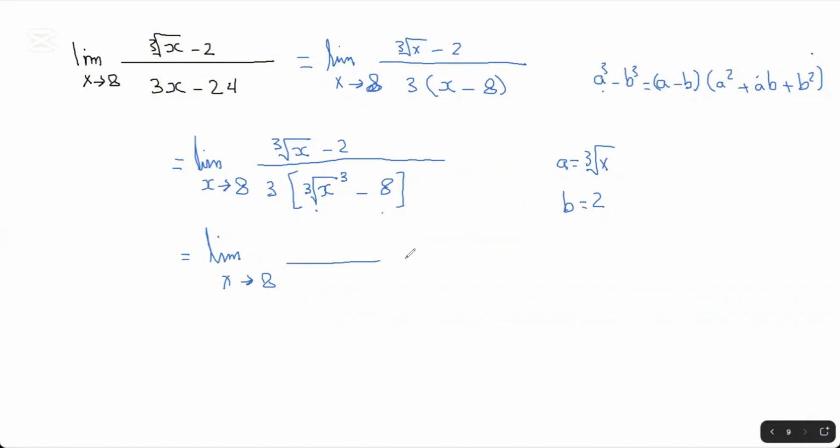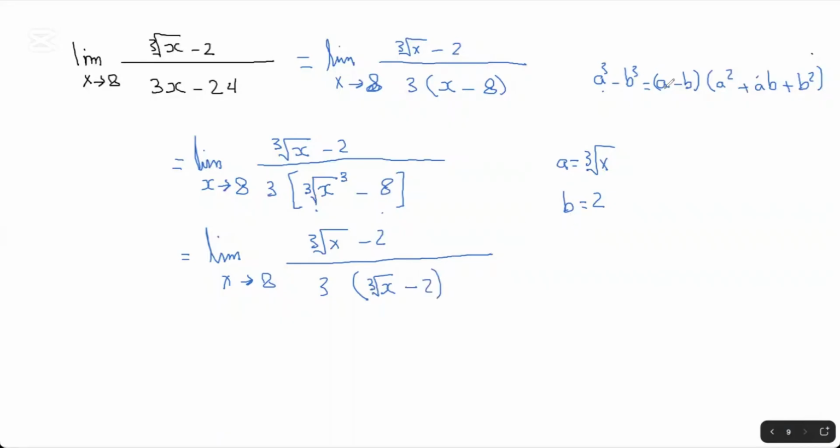And therefore now we could write the cube root of x minus 2 all over 3. And now this factors into, according to this a, which is the cube root of x, minus b, which is 2.